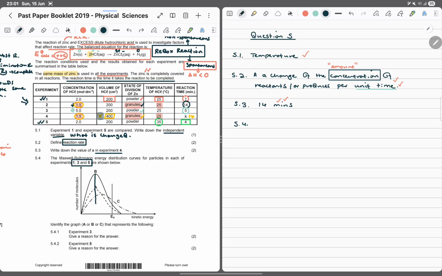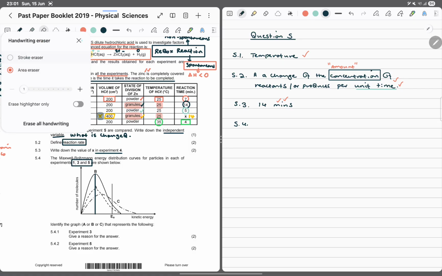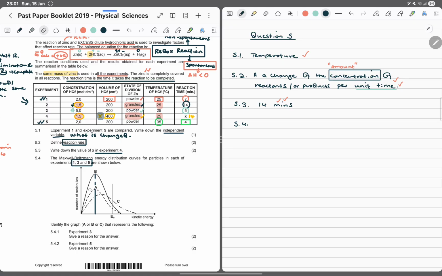right? But we can see that the temperature that represents the peak here is the same. This is what is important. So we will see that the peak here is of the same temperature, because remember, kinetic energy is temperature. So this EK right here is the same for each peak, but a higher peak means we had more particles.